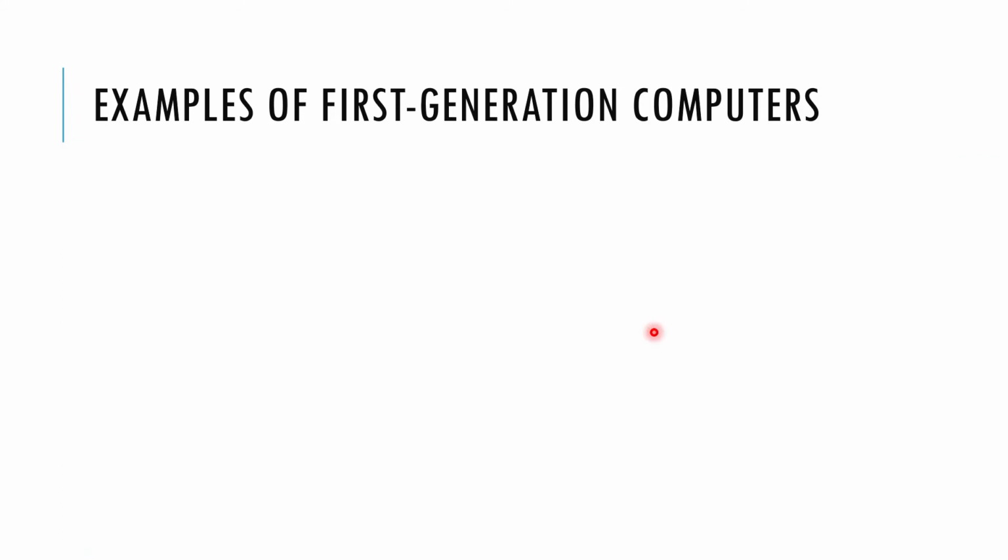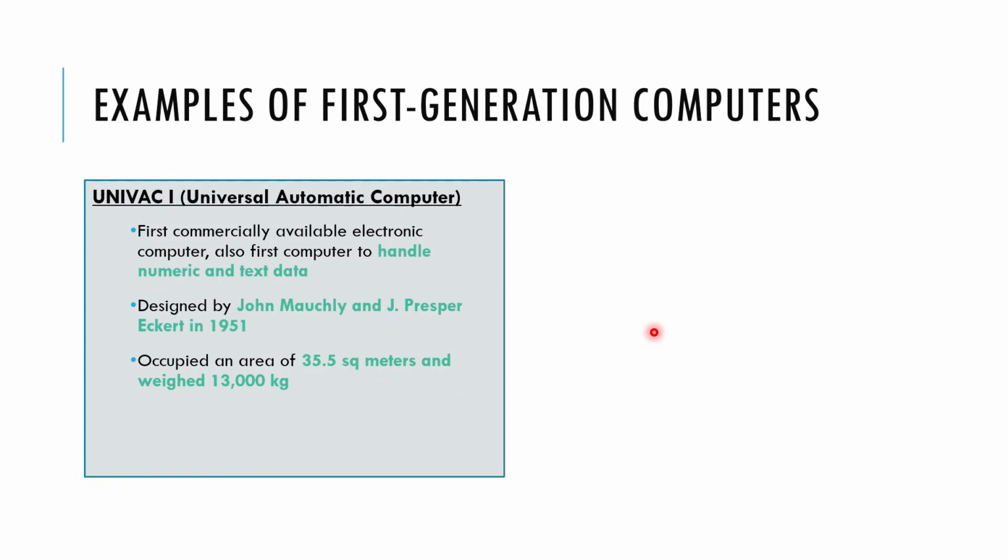Now, let us take a look at the next example of first generation computer. It is UNIVAC. UNIVAC was the first commercially available electronic computer to handle numeric and text data.